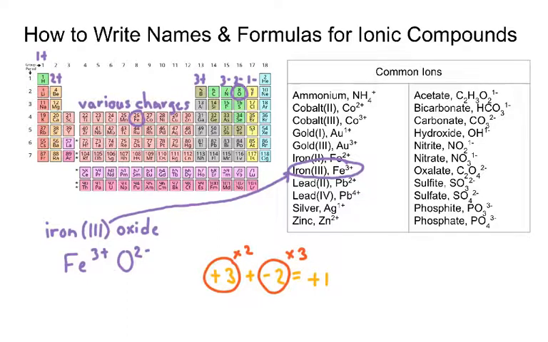If we have 2 of the positive 3 ions and 3 of the negative 2 ions, then they'll balance out to +6 and -6, and they'll be a neutral compound overall. So, the formula for iron 3 oxide is Fe2O3, 2 +3 ions and 3 -2 ions.